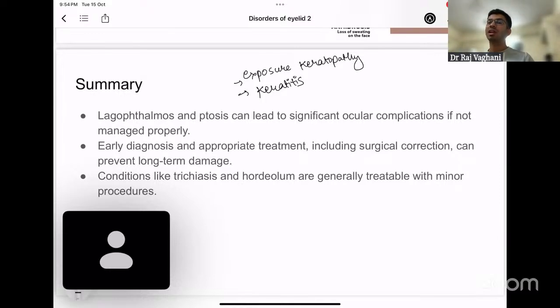There are so many other options apart from surgeries. Conditions like trichiasis and hordeolum are generally treatable with minor procedures. We have discussed all the things that are important for you to write your answers, the headings under which you have to write your answers, and the 4 to 5 keywords in every part of the answer.